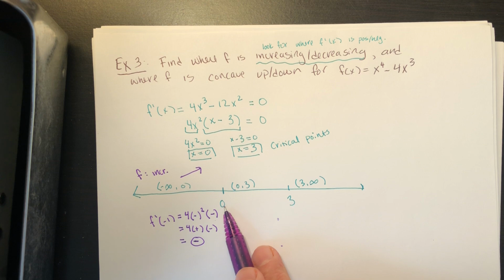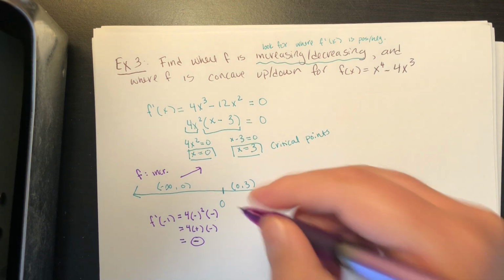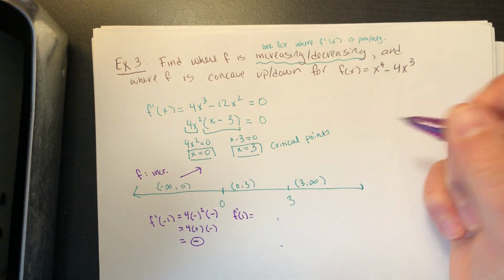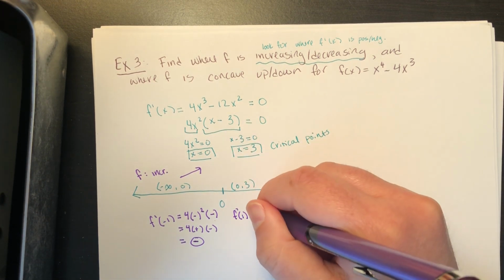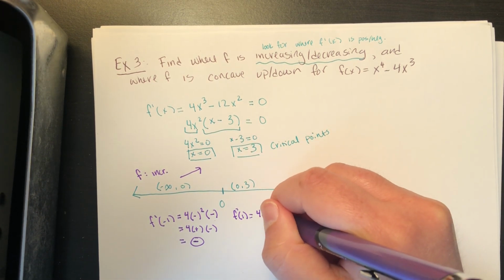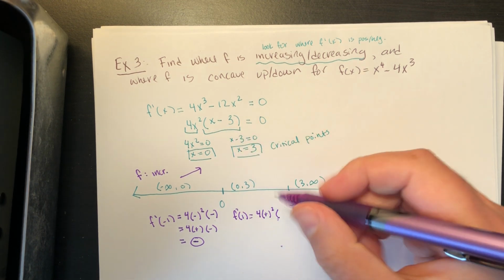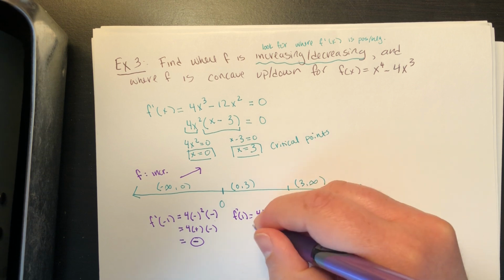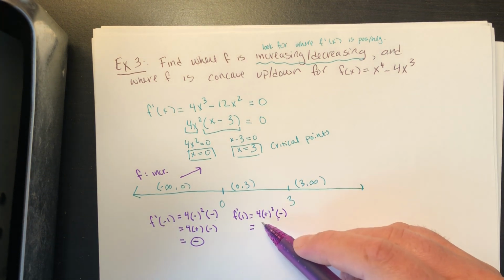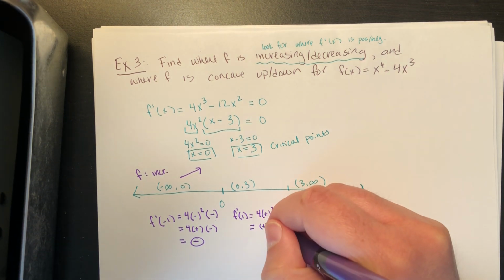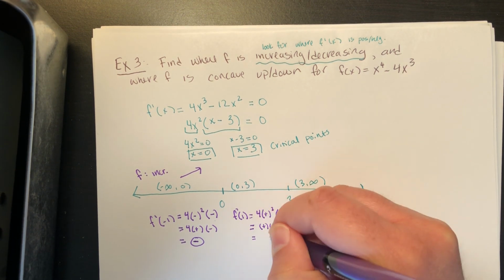Now I repeat this step with the interval from 0 to 3. Choose a point in that interval like 1. Plug it into the first derivative function, and we'll get 4 times 1 squared, that's a positive squared, times 1 minus 3, which is negative. So this is 4 times a positive times a negative, so this is also going to be negative.